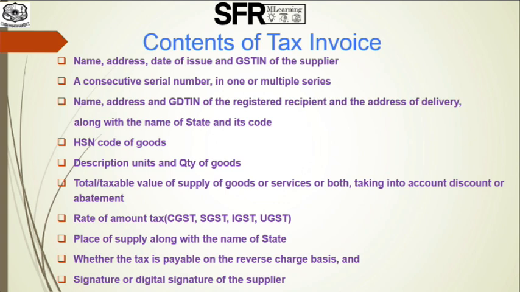Place of supply along with the name of state in case of supply in the course of interstate trade or commerce. Whether the tax is payable on the reverse charge basis, and the signature or digital signature of the supplier or his authorized representative.